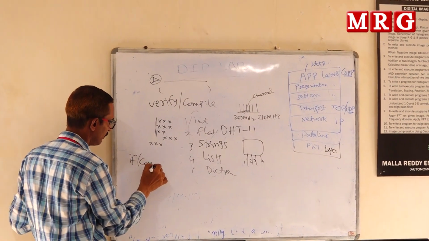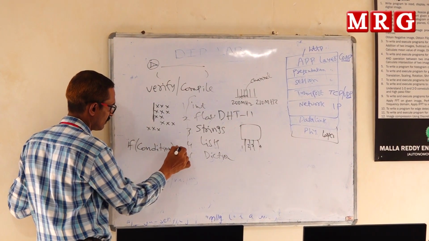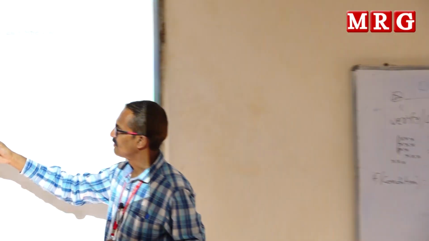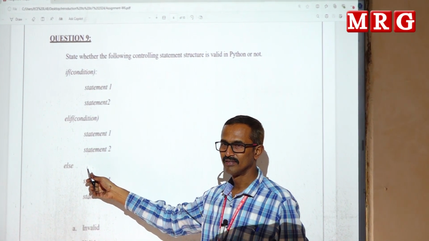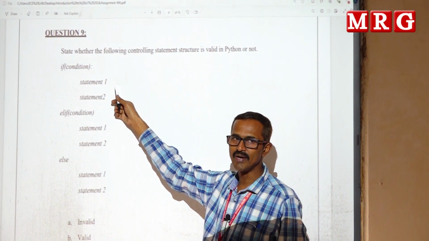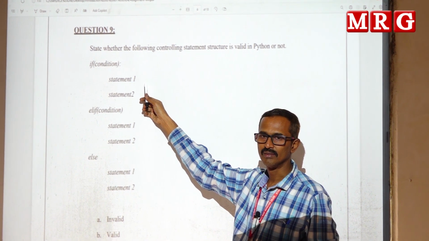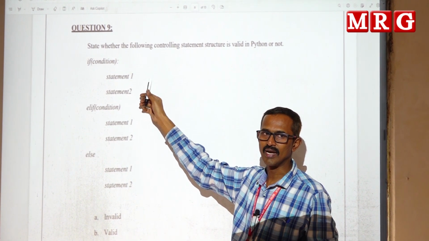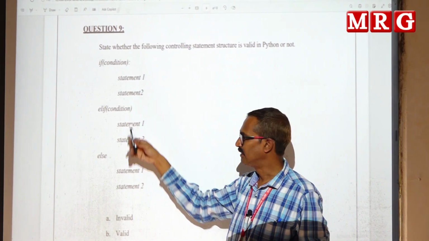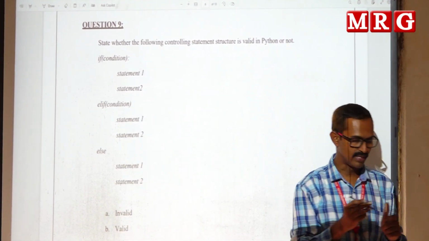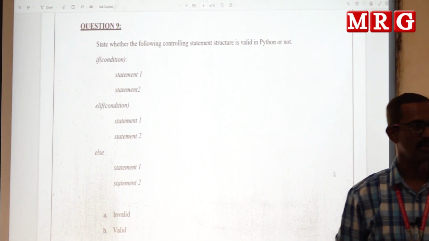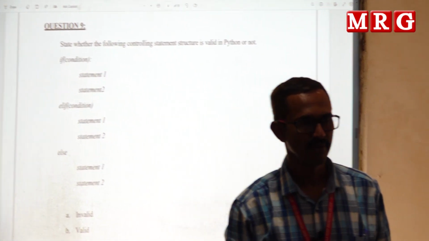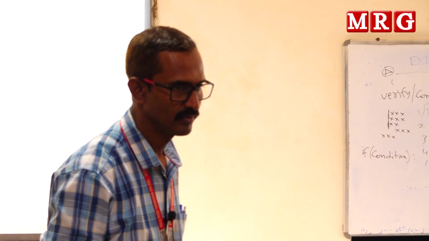In the if condition there is a semicolon, but for else if there is no semicolon, and else also has no semicolon. Here we require a colon for every statement in Python; the semicolon is not required. So the answer is some error we get, it's not proper syntax for if else if. Okay.